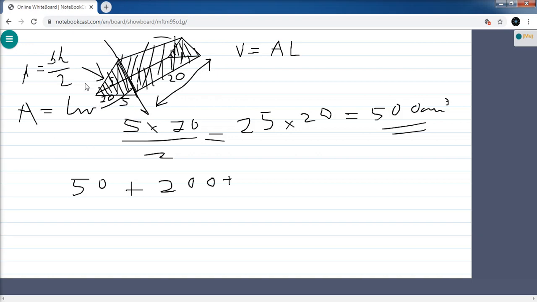So it's a 5 by 5 square. I'll do it over here: a squared plus b squared equals c squared. Now we'll do 5 squared plus 5 squared equals c squared.